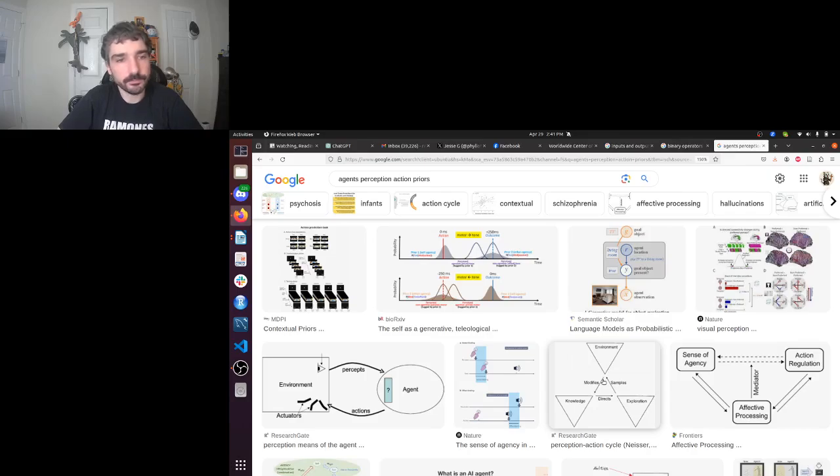So not only do we have this engagement, which we consider perceptions, actions, and priors, so agents engage with stimulus. At some point, that stimulus is internalized to some degree, in varying degrees, depending on the stimulus.